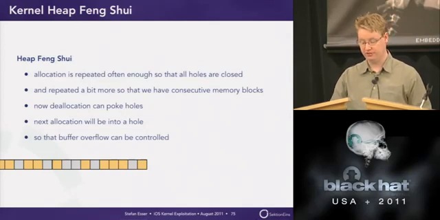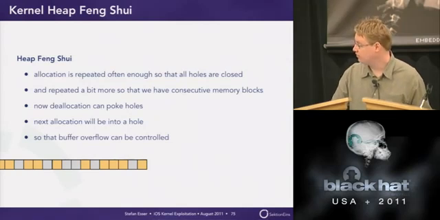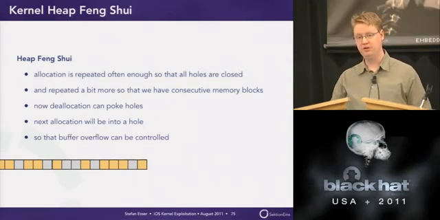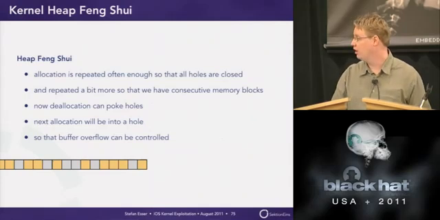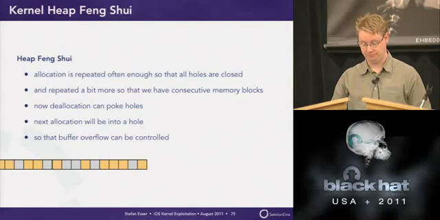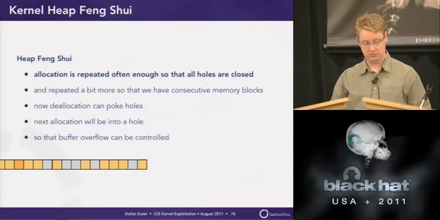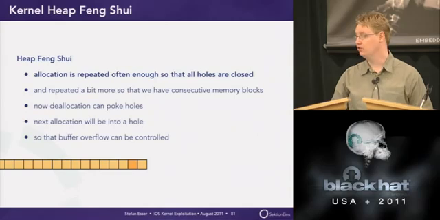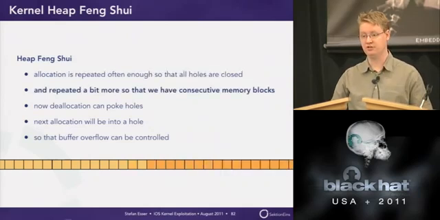What you do normally is, you can see that the orange boxes are allocated memory, and the gray boxes are holes in the memory. What you do first is, you allocate memory of this block size as often as there is a hole. And afterwards, you allocate some more, so that you have a bunch of consecutive memory blocks.